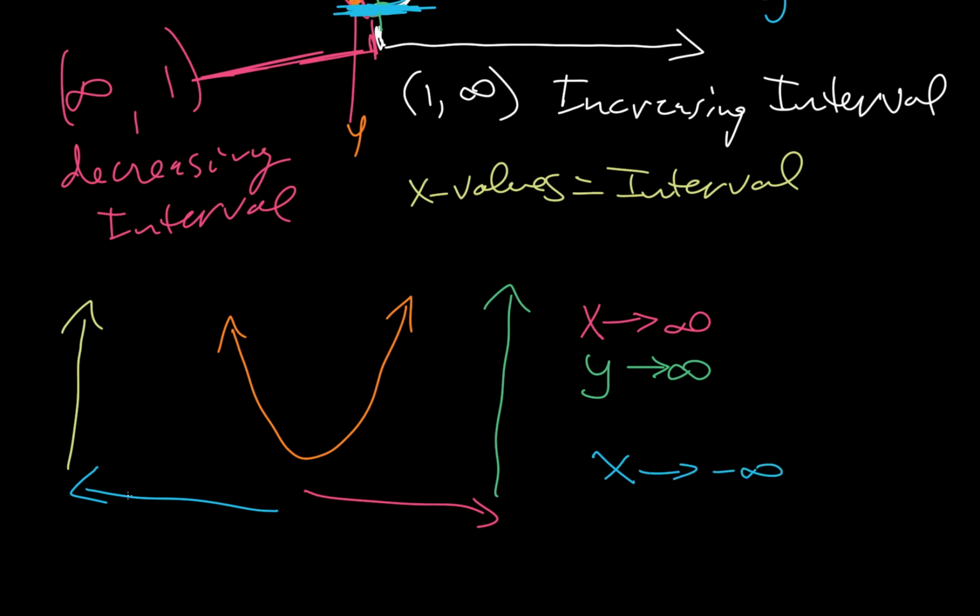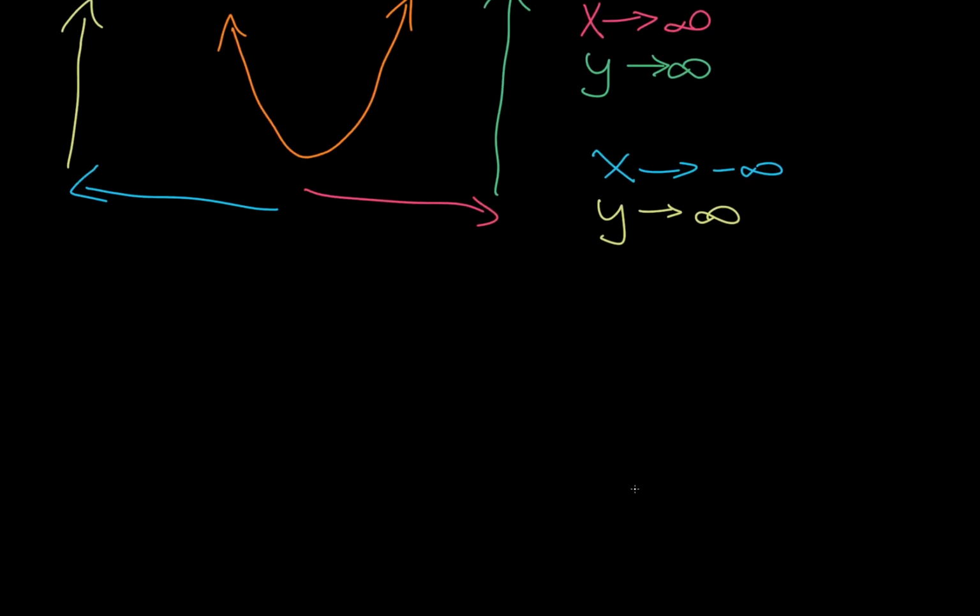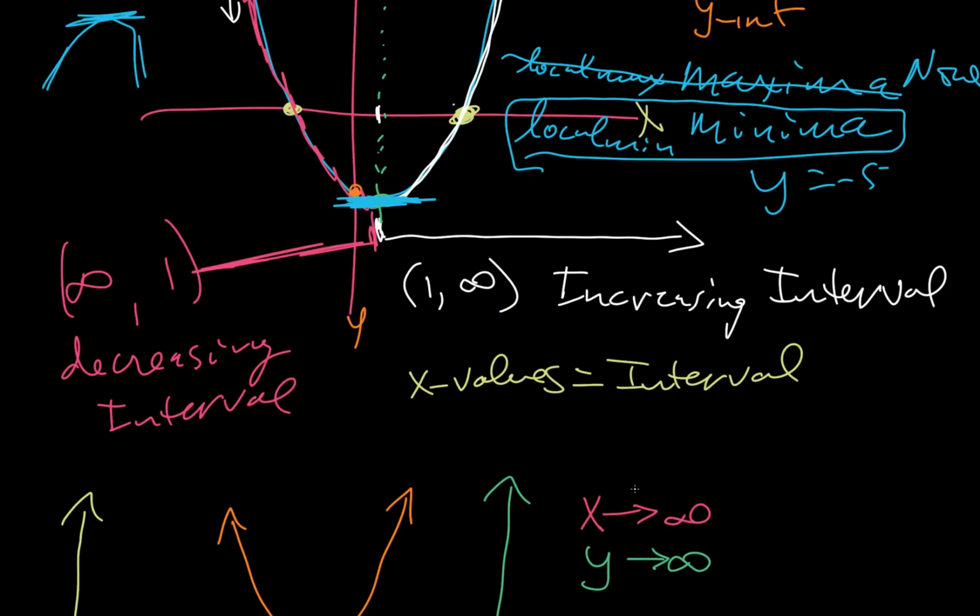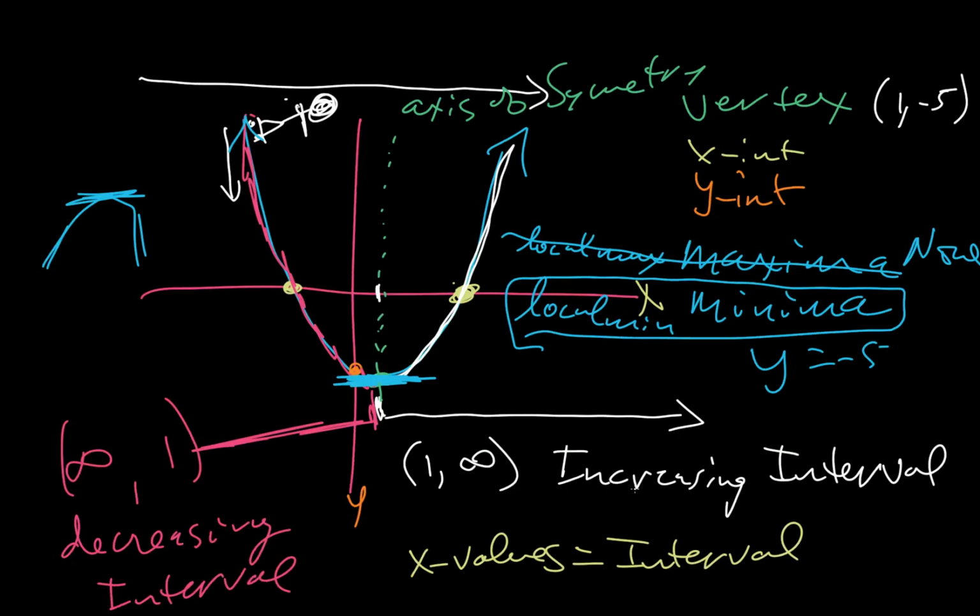Or what happens when we go to the left really far? The answer is y goes up, or y approaches infinity. Hopefully the color coding helps on that. Okay. Oh, and then we also have positive and negative intervals. So I'm going to come back up here.